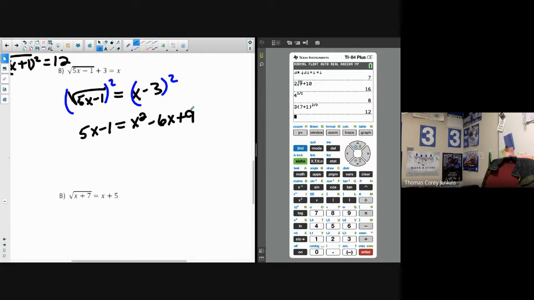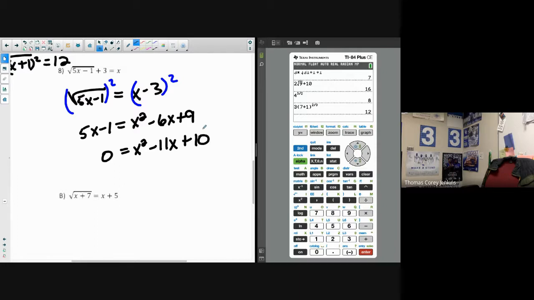All right, and then from there, you just solve this like you would any quadratic equation, okay? So we're going to want to write it in standard form. So minus 5x to both sides is going to give me x squared and then minus 11x. And then I do plus 1 to move that over, so I'd get plus 10.